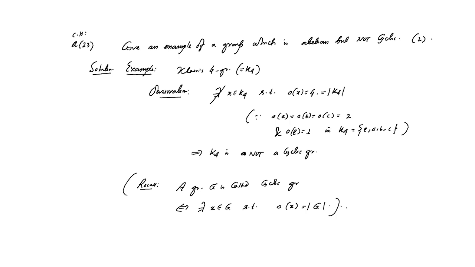So K4 is not cyclic, but clearly K4 is a commutative group. So this is an example of a commutative group which is not cyclic.